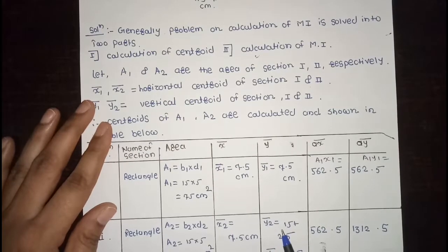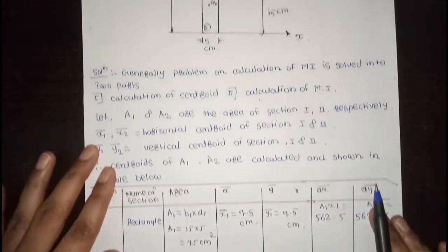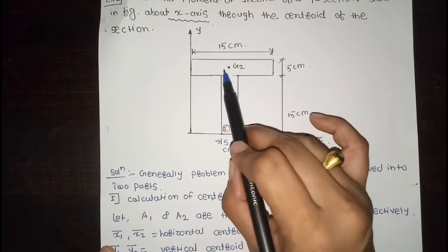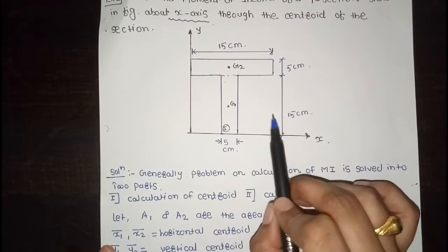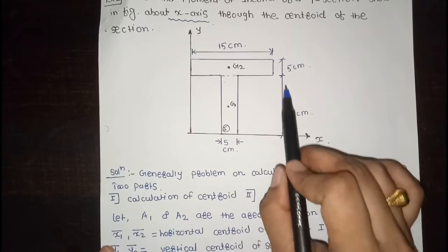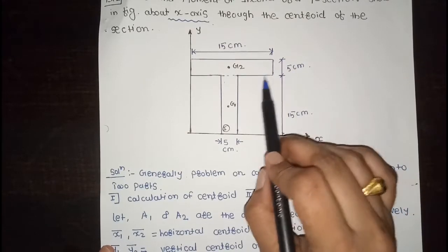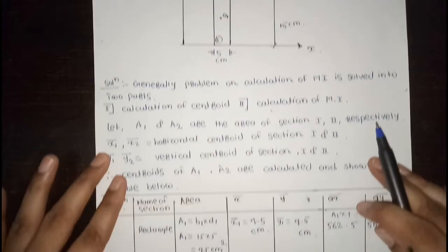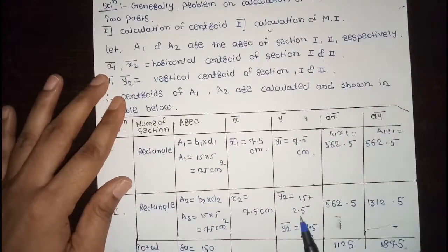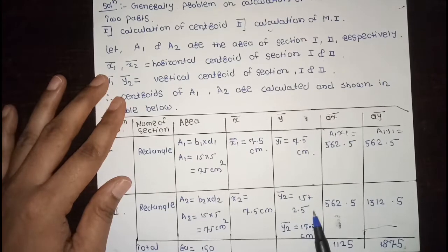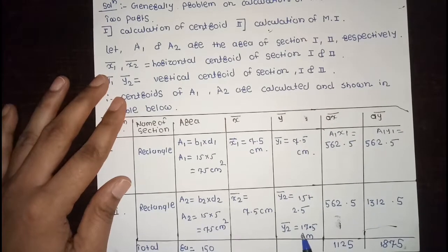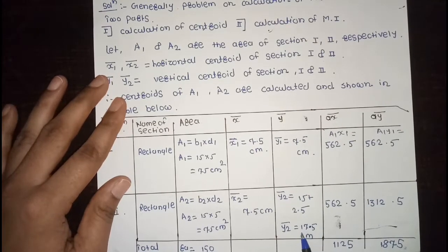Then Y2 bar, what is meant by Y2 bar? It is the distance between point G2 and the base of the x-axis, meaning 15 plus 5 divided by 2. So 15 plus 2.5 gives Y2 bar equal to 17.5 centimeter.